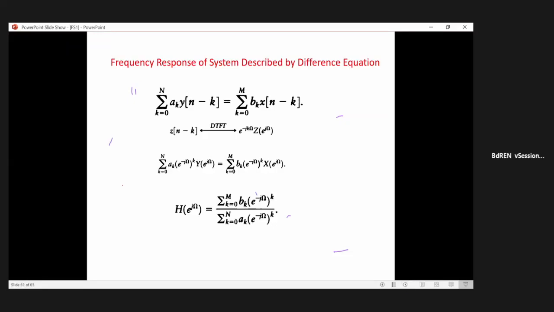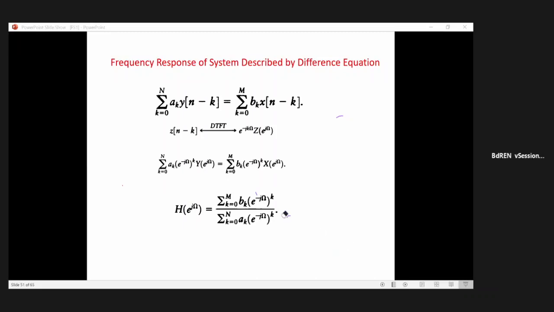Now the frequency response for the discrete time case, like what we previously discussed for the continuous time case. If we have the input output relationship for our discrete time case, it will come in the form of what?